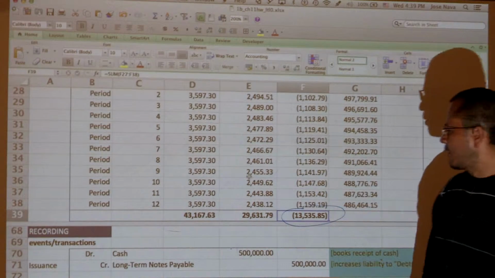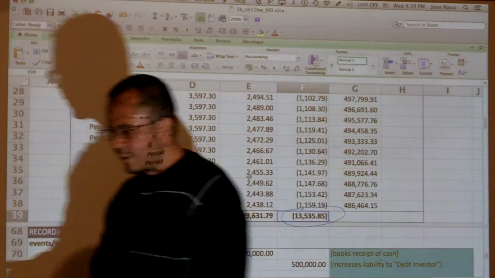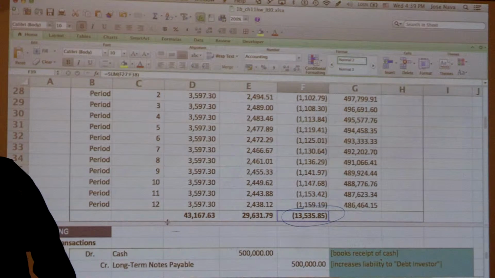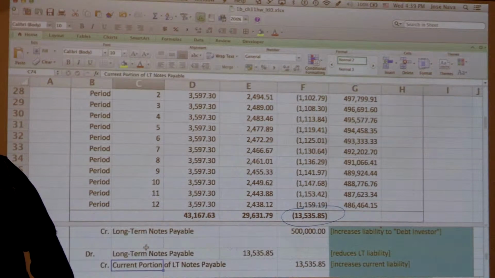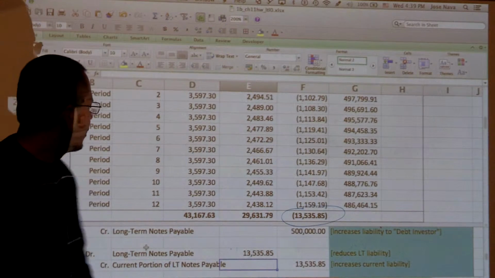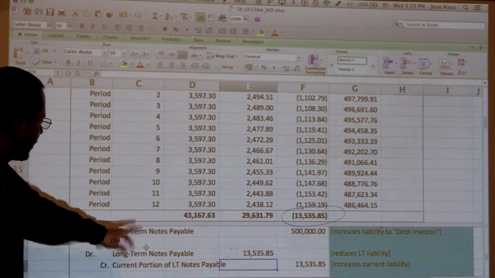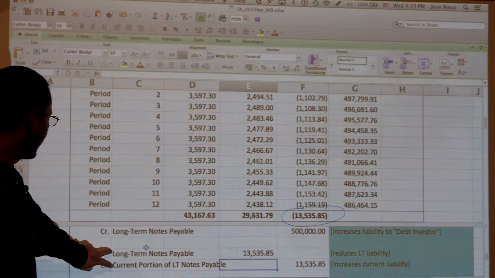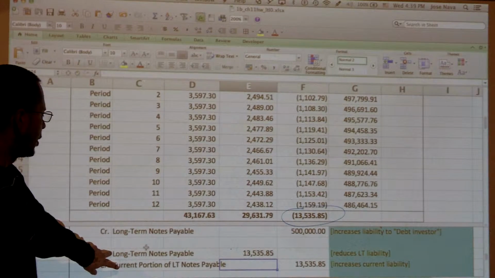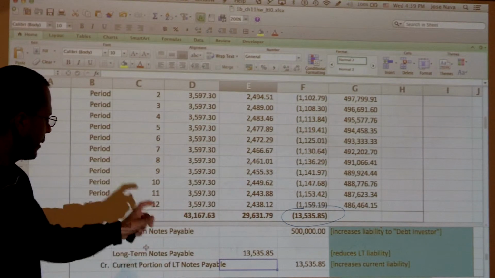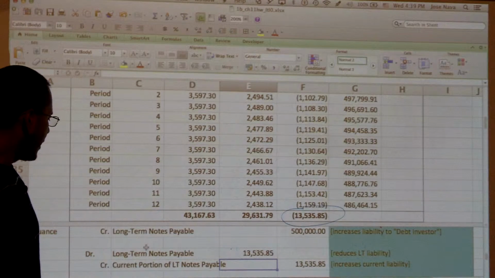Now that actually talks to the second requirement for this problem, which is to book the journal entry that relates to the reclassification of the portion of the long-term note that is due within the following year.